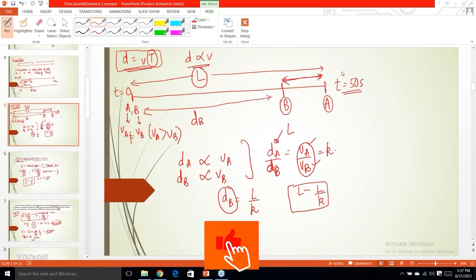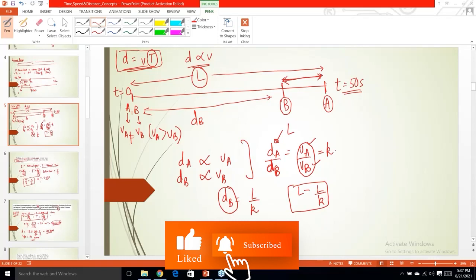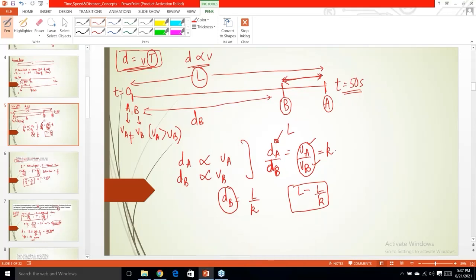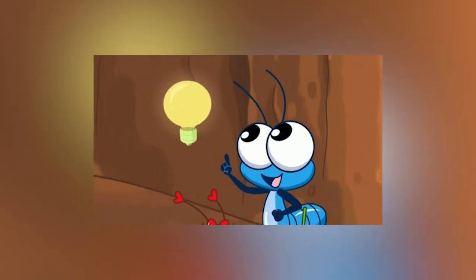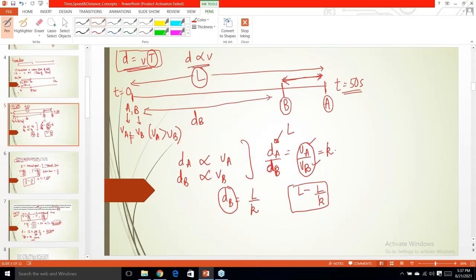The moment you're able to find out this distance dB, the margin by which B gets beaten by A is nothing but L minus dB, right? Which is L minus L by K. As I said, there can be different varieties of questions on this. Again, the idea is that there are a number of variables, VA, VB, dA, dB, T, L. All of these except one variable will be given to you and you'll be asked the remaining one, right?